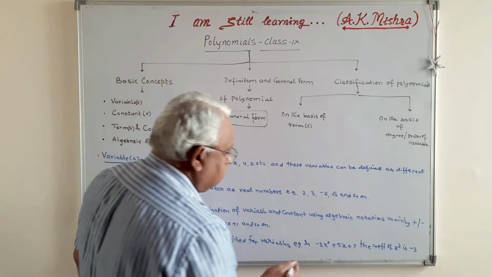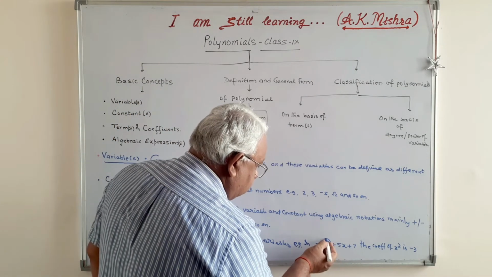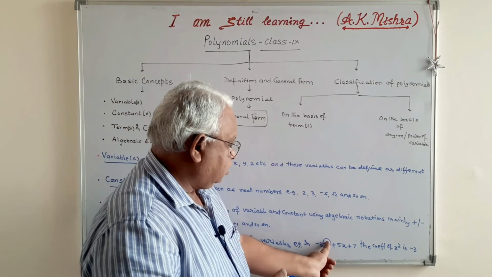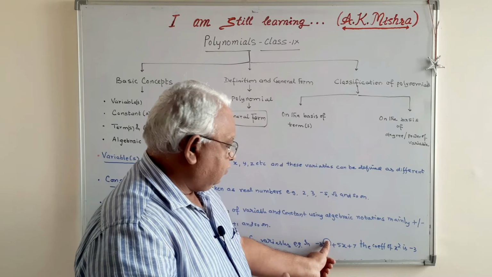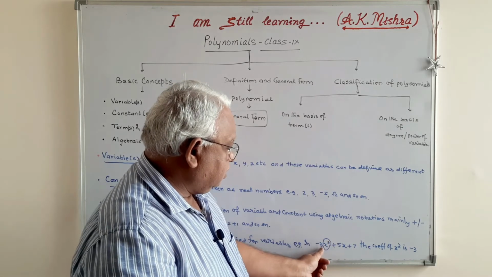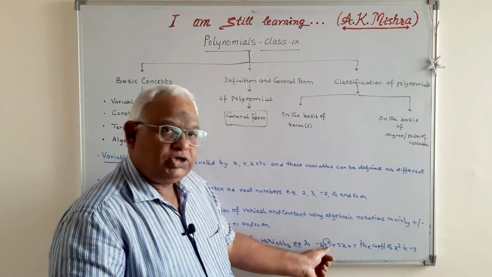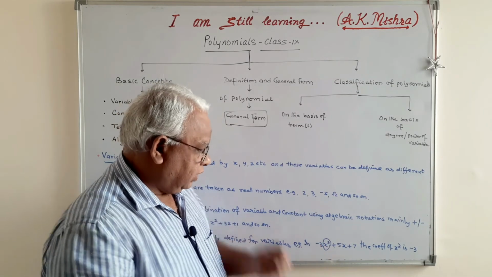How we obtained this? We just hide x square. When you hide x square, only the value visible is minus 3. So the coefficient of x square is minus 3.